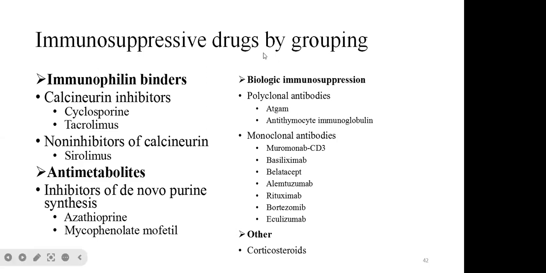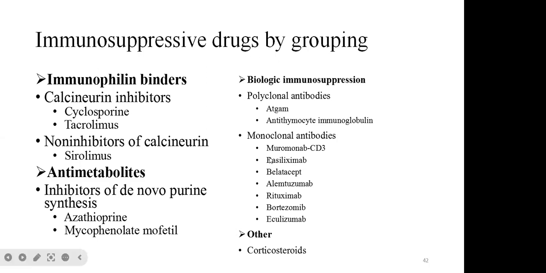The calcineurin inhibitors are known for nephrotoxicity. Then we have biologic immunosuppression, in which we have two categories, polyclonal antibodies and monoclonal antibodies.